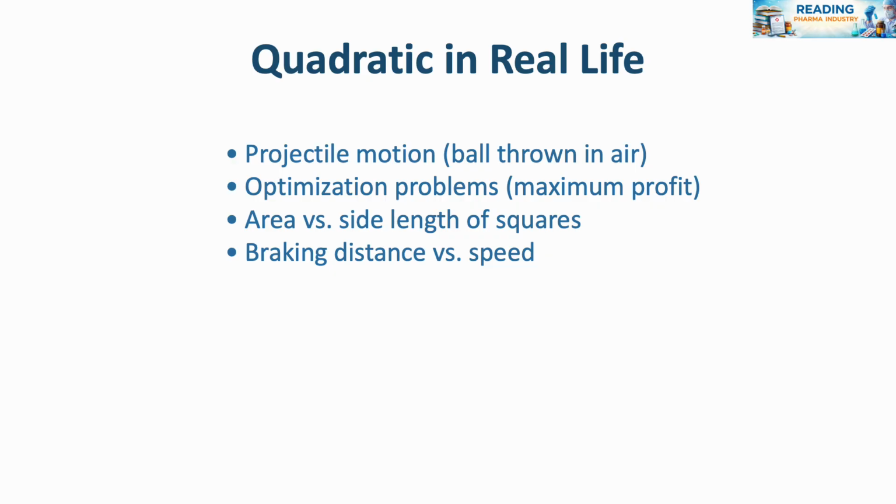Also, when we look at area versus side length of squares. Another example is braking distance versus speed. When you double your speed, you quadruple your braking distance.